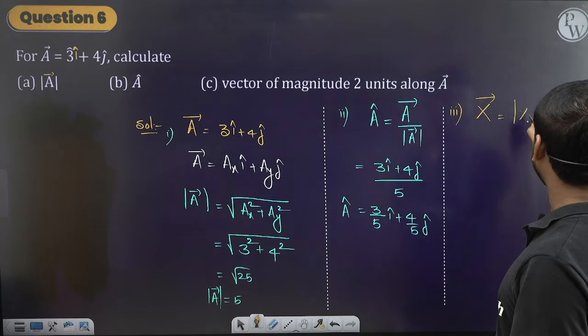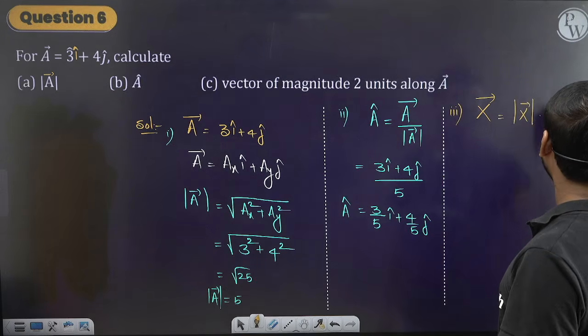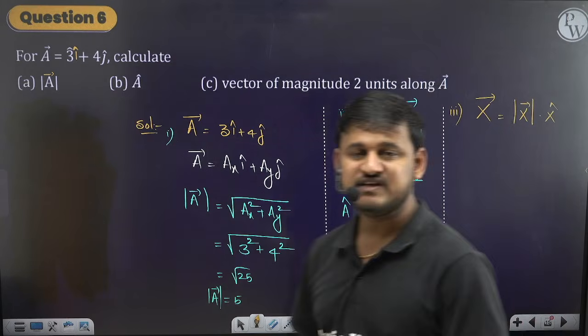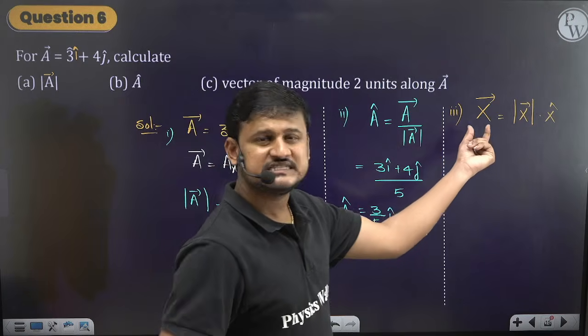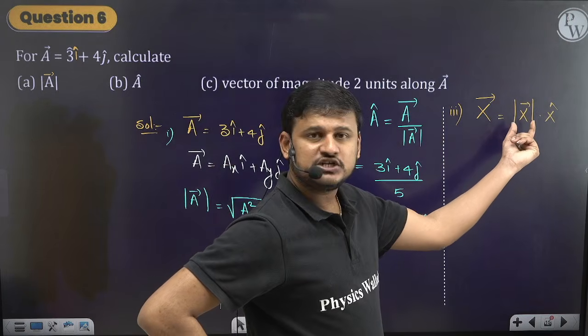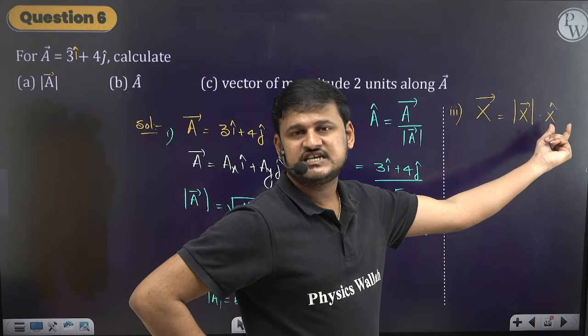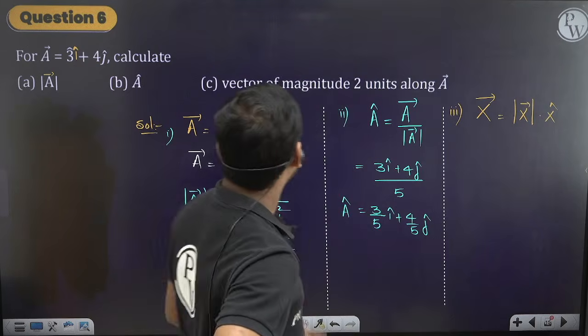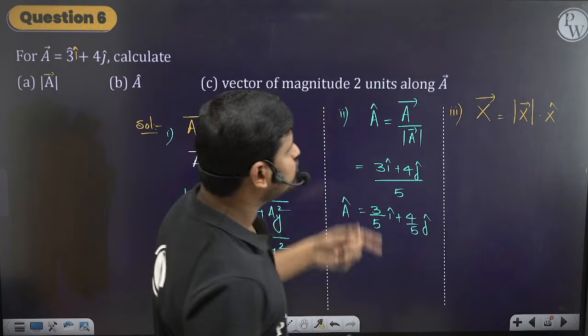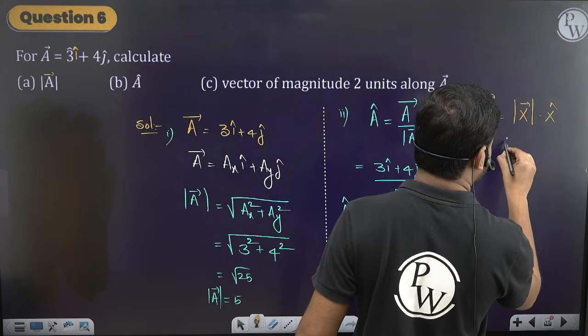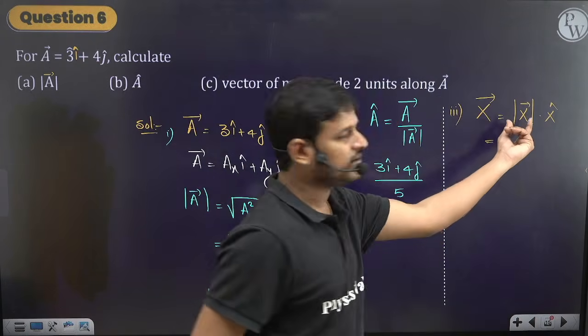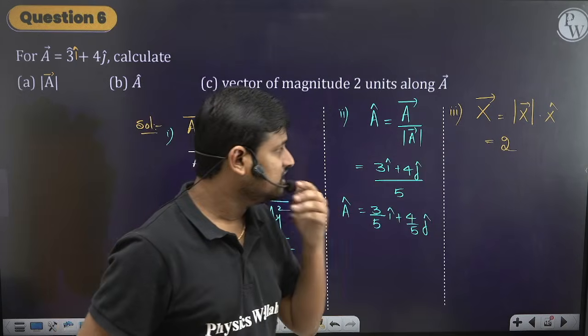The vector x will have a magnitude, and it will have a direction. The magnitude of vector x is written as its magnitude, and its direction is given by x cap, right? So the vector has magnitude 2, and in place of the magnitude of vector x, I am taking 2.